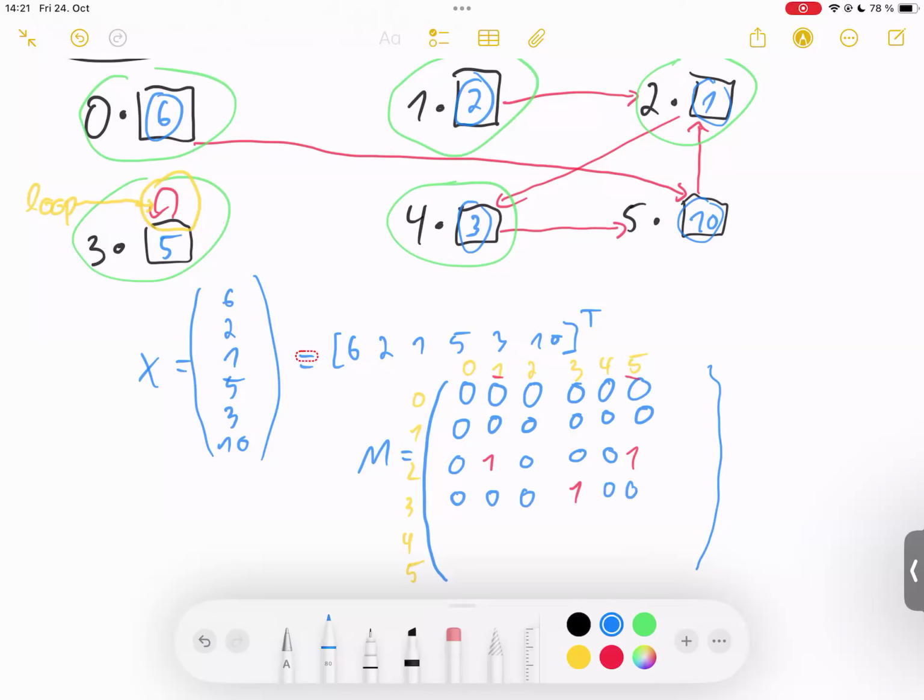For position 4, we have 0, 0, then a 1, because 4 has an incoming one from 2, and the remaining ones are also 0. And now I want to see from you what you think the last row of this matrix could be, which is about position 5, which has incoming edges from position 0 and 4.